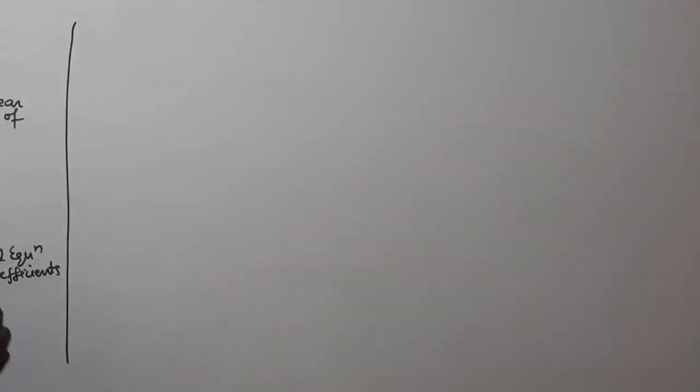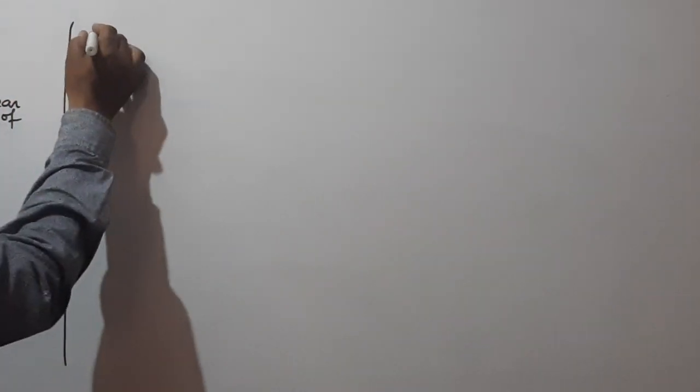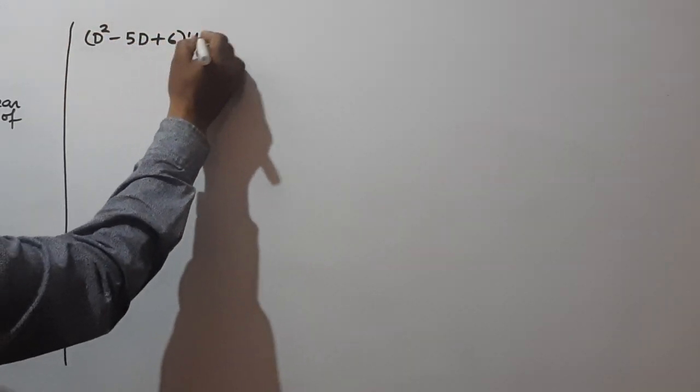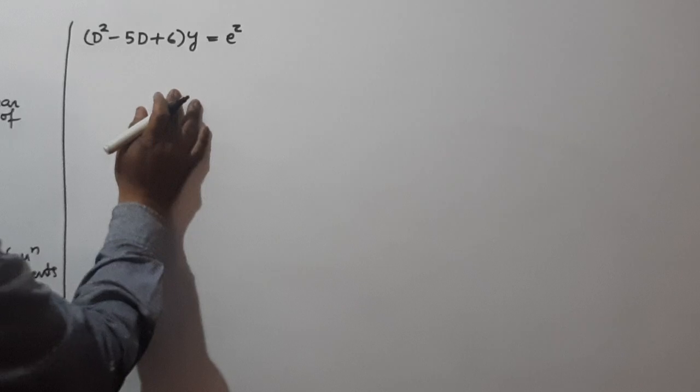Now we solve the second order linear differential equation with constant coefficients. This is (D square minus 5D plus 6) y is equal to e to the power z.